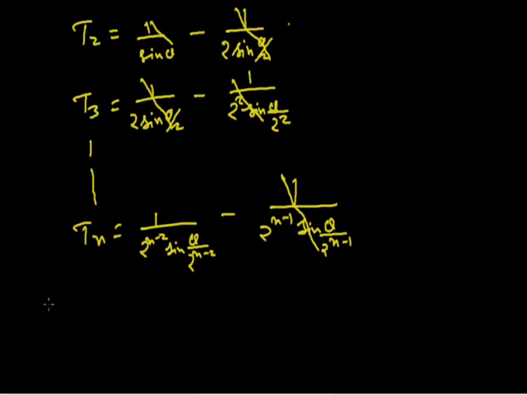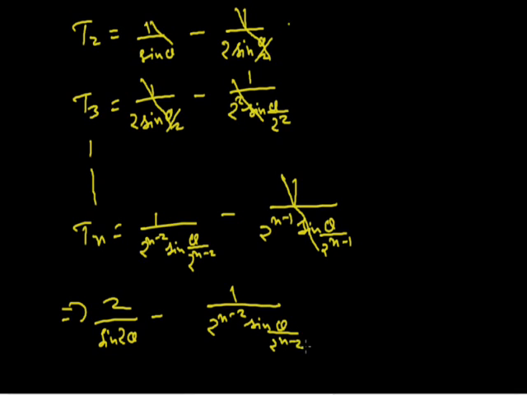Therefore, after adding them, we will get 2 upon sin 2 theta minus 1 upon 2^(n-2) sin(theta/2^(n-2)).